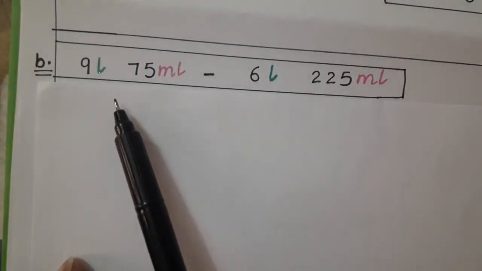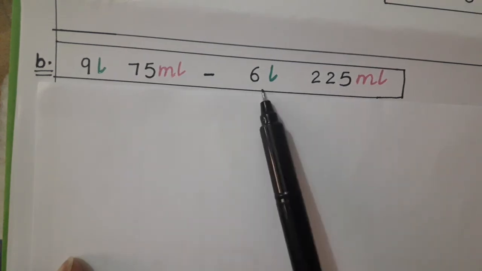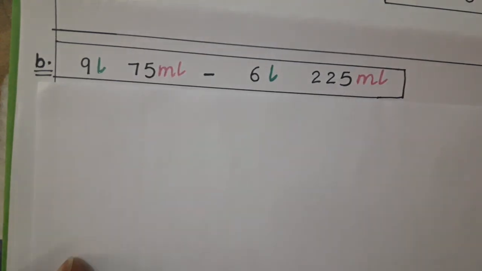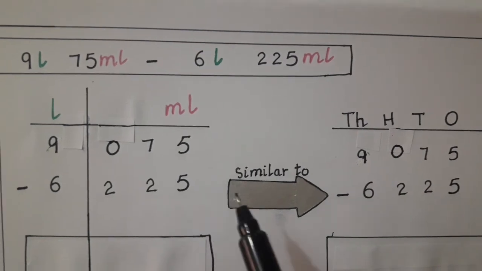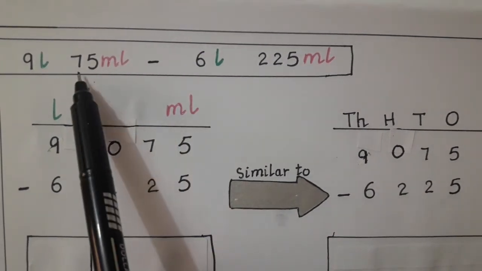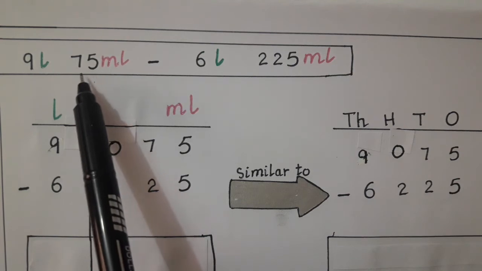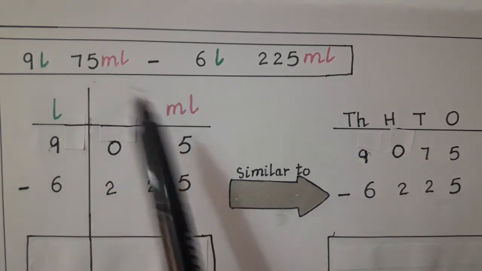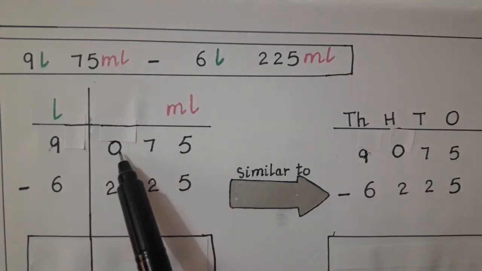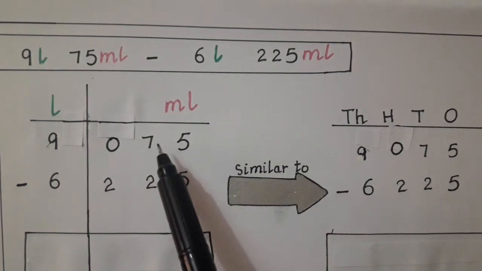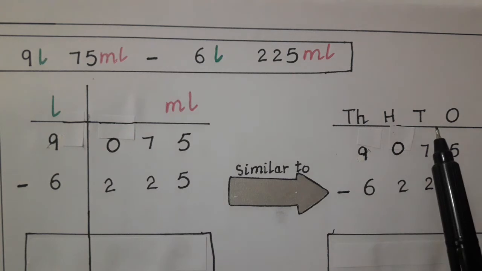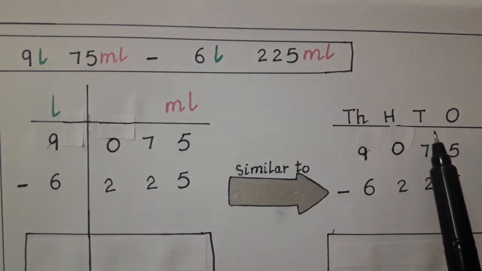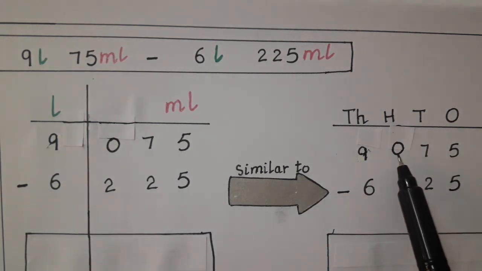Okay students, the next question is 9 liter 75 milliliter minus 6 liter 225 milliliter. Students, sometimes you have two digits and you don't understand where you have to write them, here or here. So just keep in mind the previous method of ones, tens, hundreds and thousands, so that you can know that this box is empty.